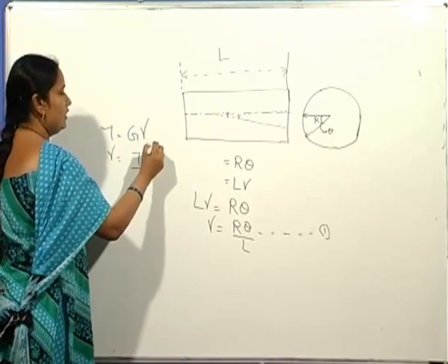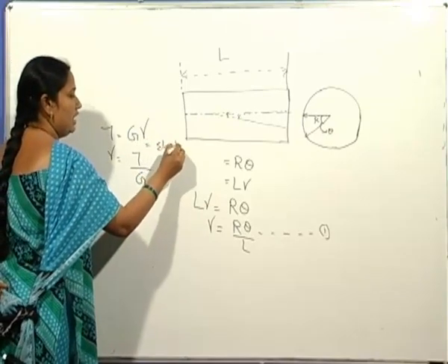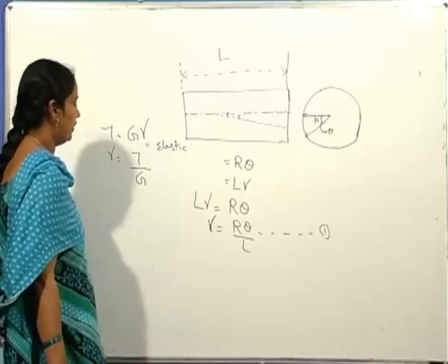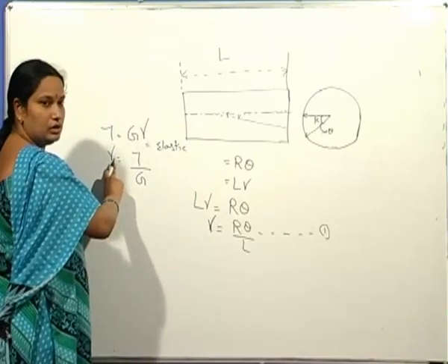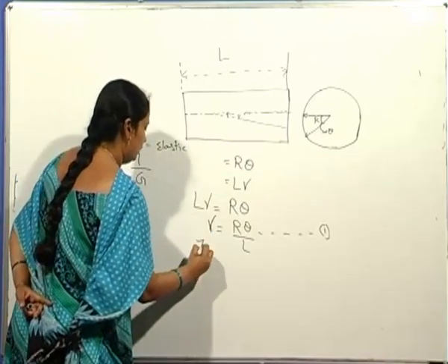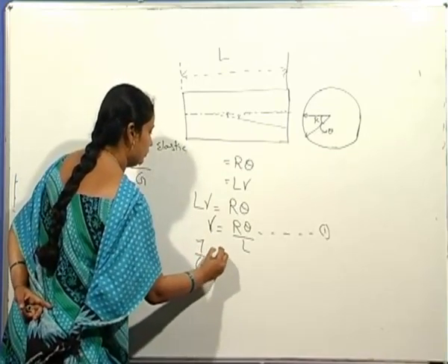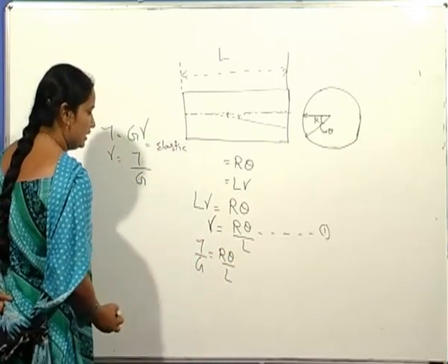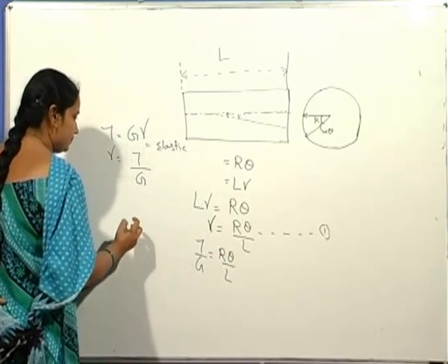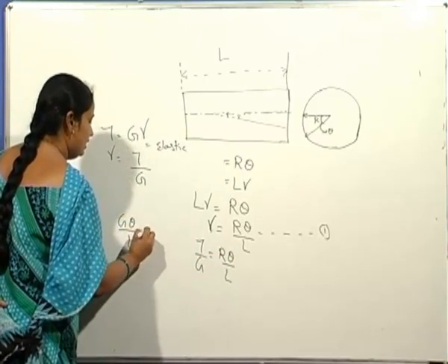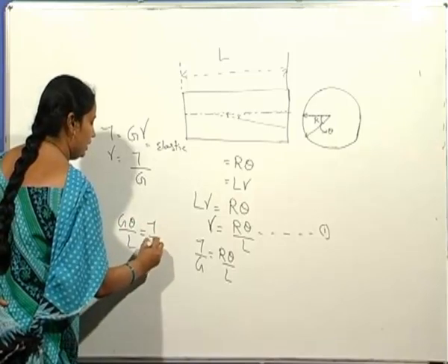Substituting the value for gamma, tau by G is equal to r theta by L. So this can be further written as G theta by L is equal to tau by r.